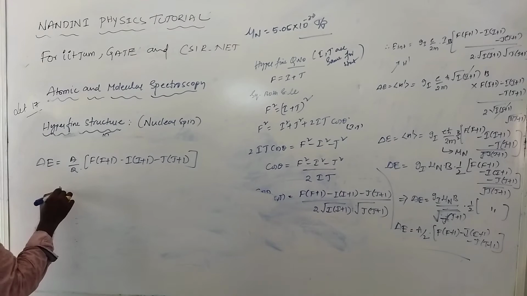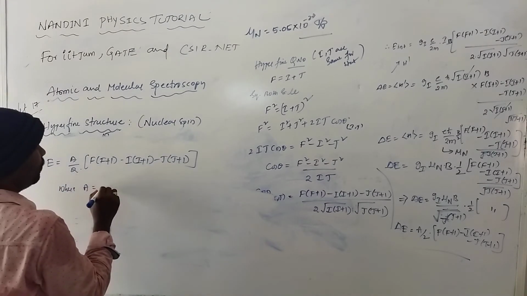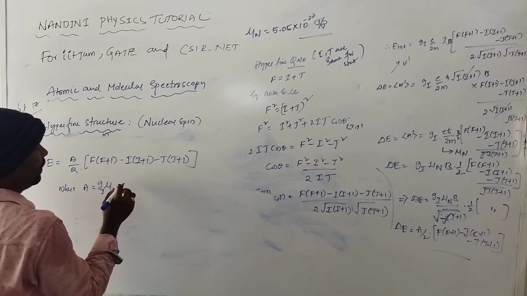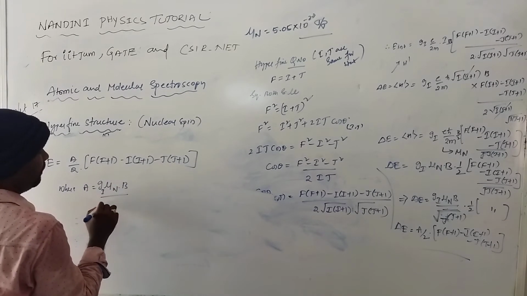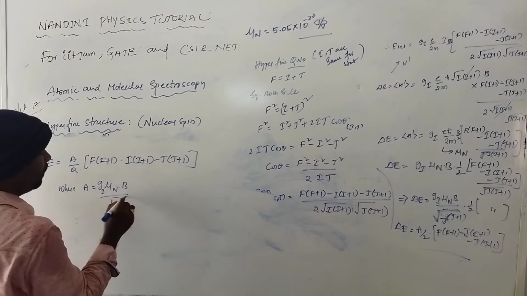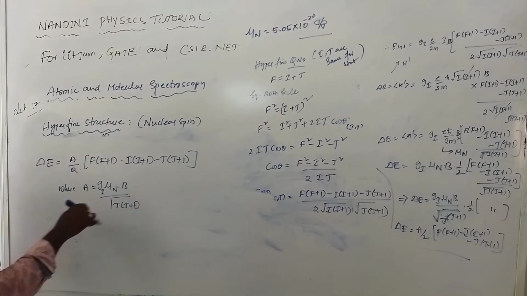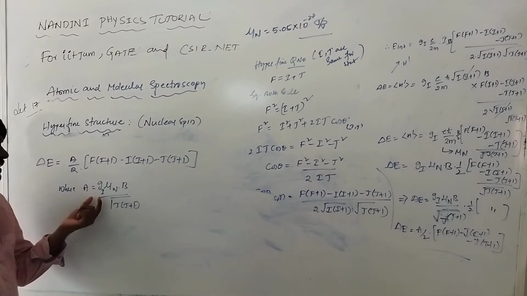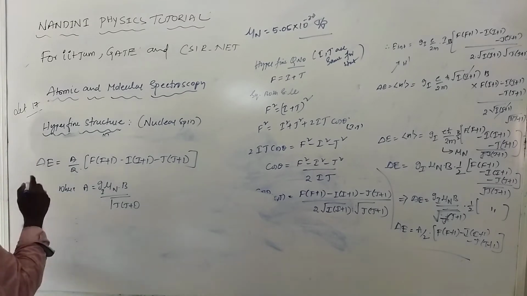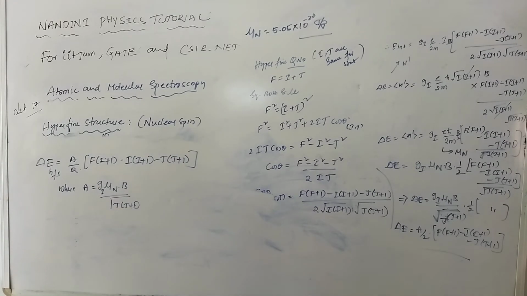Okay, where capital A is equal to g_I mu n into B divided by 2 root over J into J plus 1. So, this is the capital A value, and this is the hyperfine energy shift, hyperfine energy splitting.